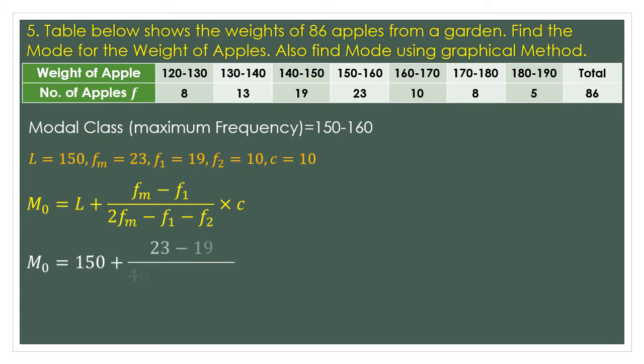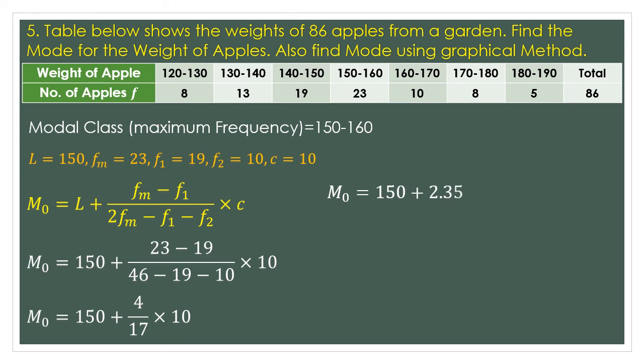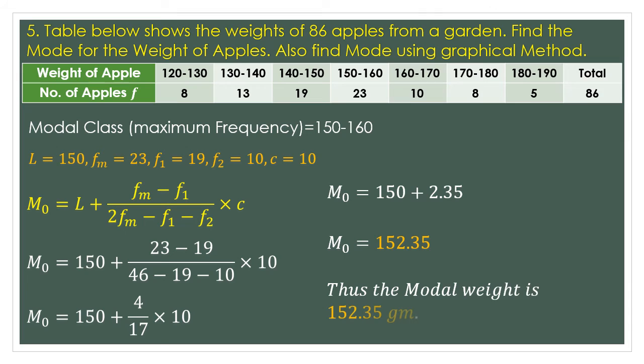Putting the values: 150 plus (23 minus 19) upon (46 minus 19 minus 10) into 10. Simplifying this, we get 150 plus 4 upon 17 into 10. And when we simplify this, we get the mode as 150 plus 2.35, that is 152.35. Okay, so if I write a statement, the modal weight is 152.35 grams.